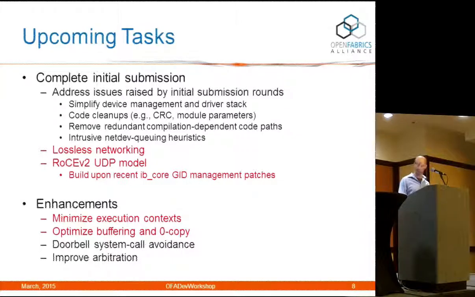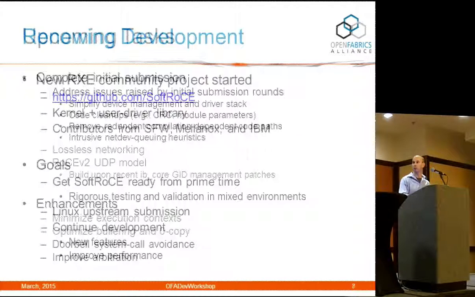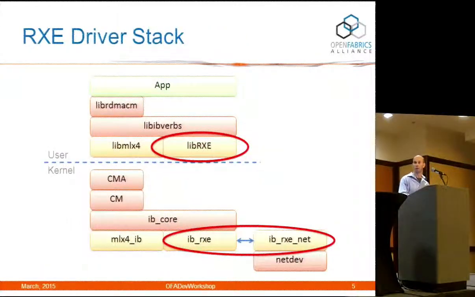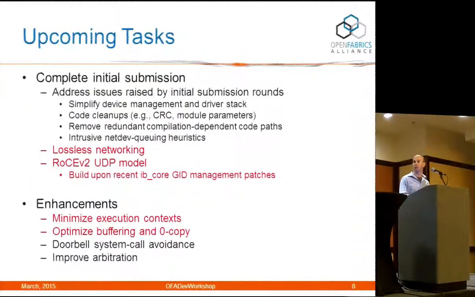As I mentioned earlier, we want to merge these RXE and RXE-net modules into a single RXE driver module. Code cleanups, a little bit of CRC code, remove all these module parameters. This code has been experimented with in quite a few ways to establish different tasks, and those different code paths are compilation dependent in the code.